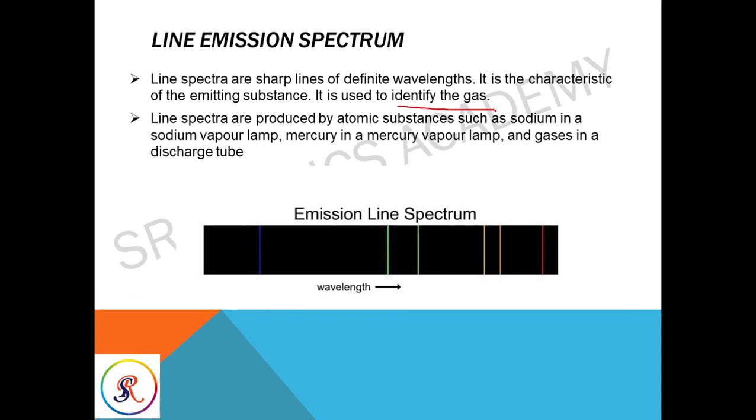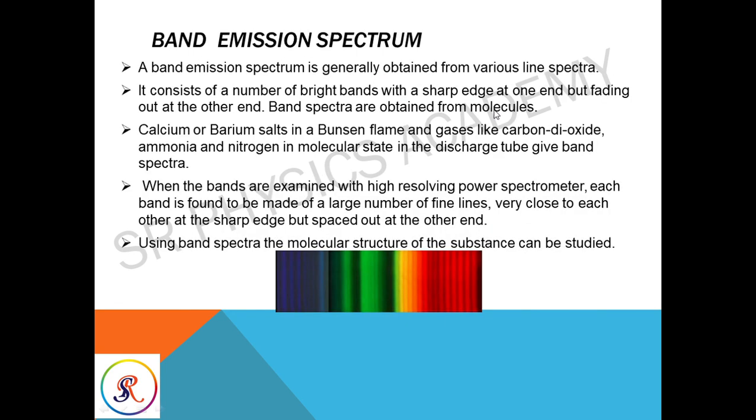Clear? Now the band emission spectrum. It is obtained from various line spectra: a group of a number of lines merged and close together makes each group. You can look here, the green is also a group.